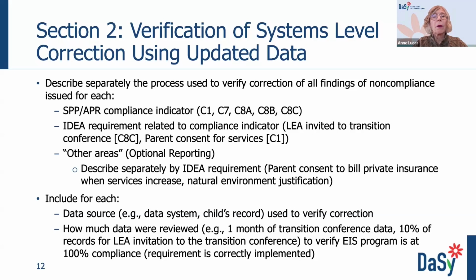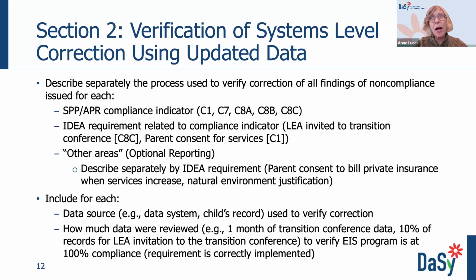You reported on how you verified the systems level correction by pulling updated data. Hopefully your C1 description will be in more detail than in C12. C12 needs to have more or less a summary of how you verified the correction, how much data you pulled, that kind of thing, which I will cover in just a moment.